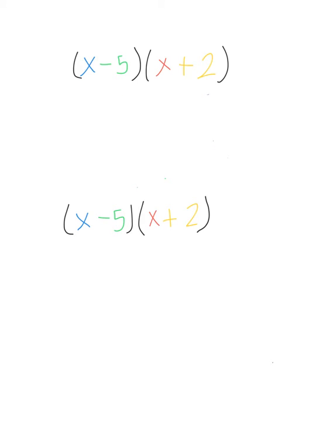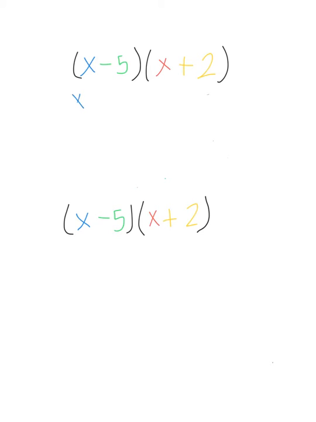Now we're going to go over how to multiply two binomials using two different methods. So the first method we're going to do with the top two binomials. What we're going to do, we're going to multiply the first term in each set of parentheses.